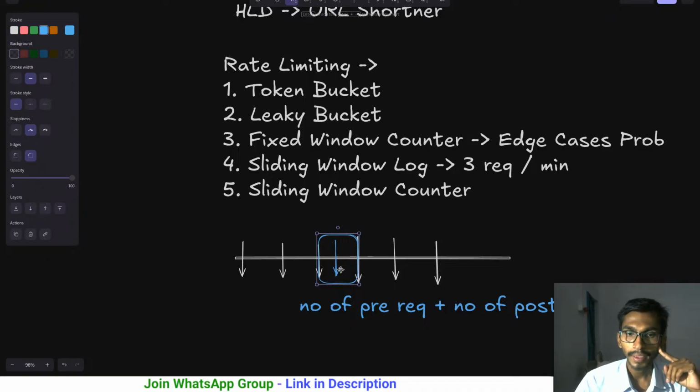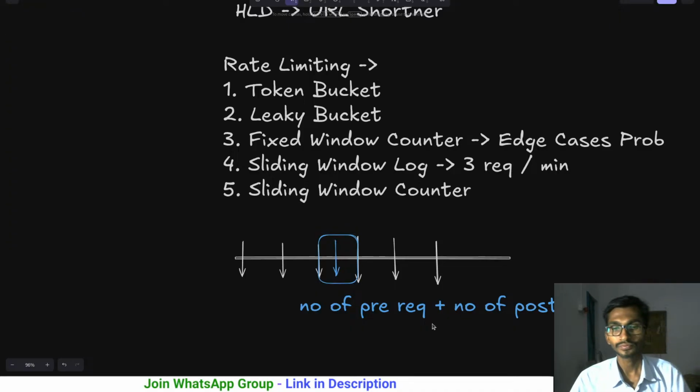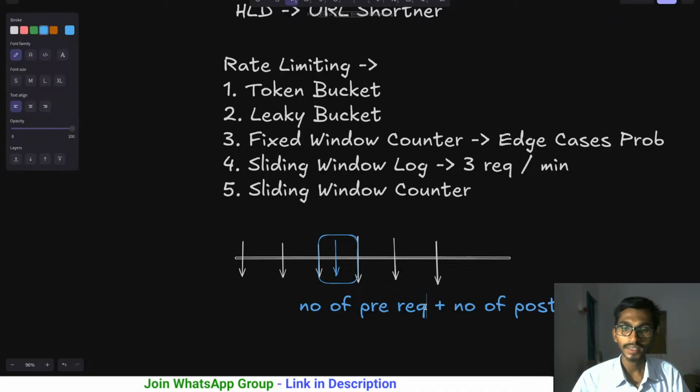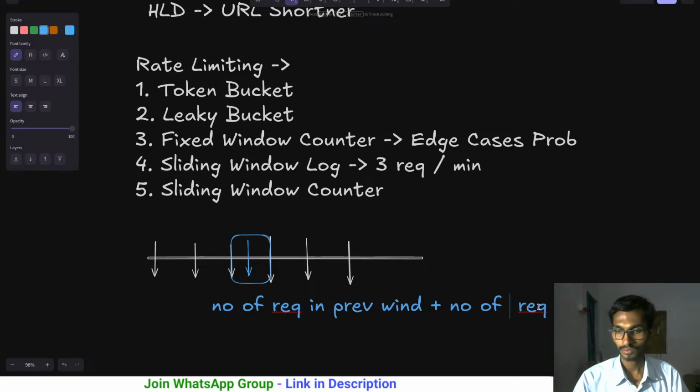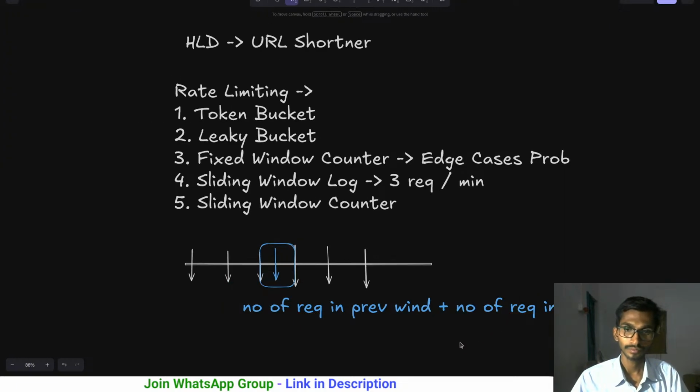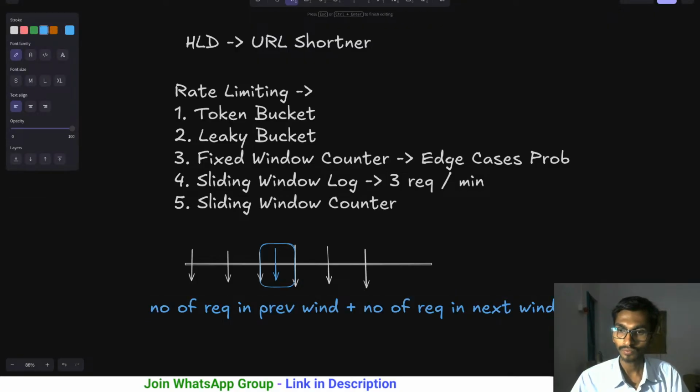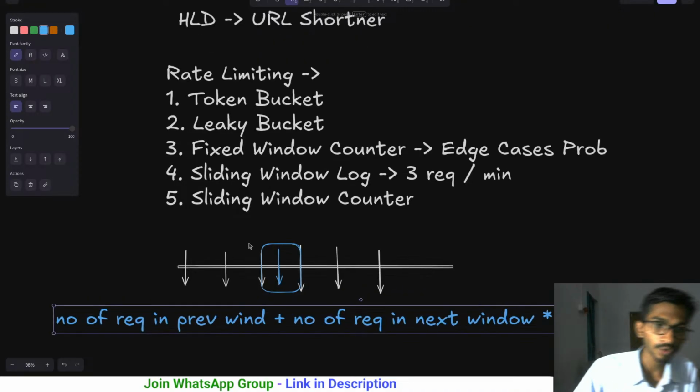Hence, it is the number of requests in the previous window, and the number of requests in the next window, and of course you are going to be multiplying by the percentage, whichever percentage it has covered. Okay, forget about this formula, let's talk about this thing over here.